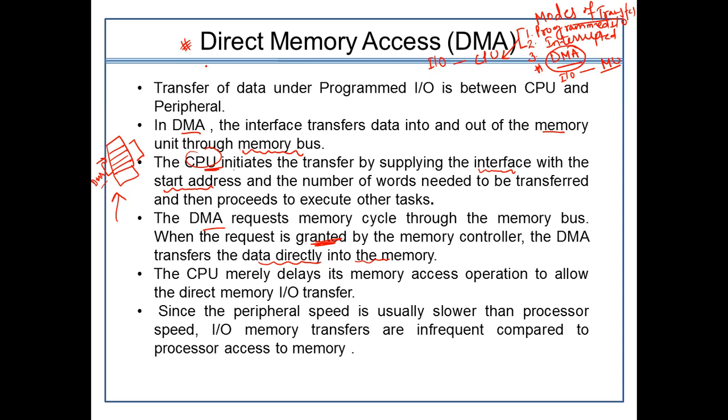But not all peripherals are fast; most of the time peripherals are very slow devices. That's why direct memory access is done very infrequently within the computer machine. So let's understand DMA and its functionality in more detail.